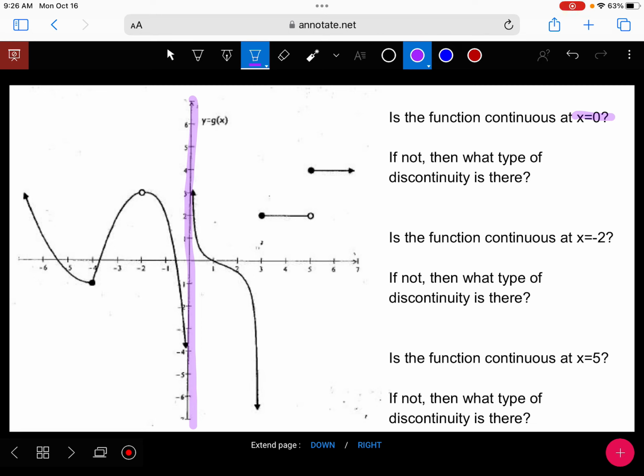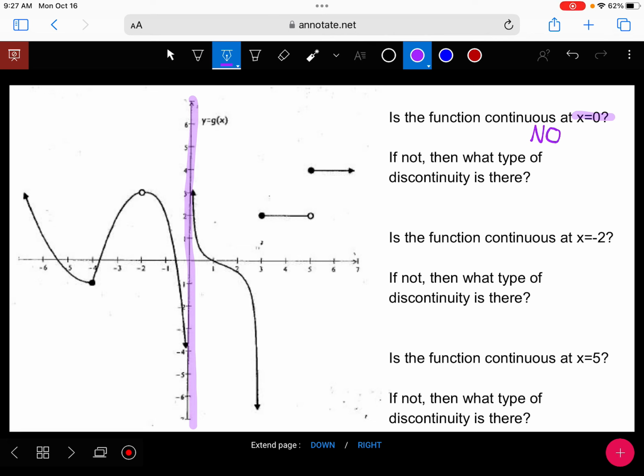Is it continuous or is it discontinuous? If I trace this line, can I do it without picking up my pen? Or do I have to boop and teleport? It is discontinuous right there at that purple line. So no, it is not continuous at x equals 0.